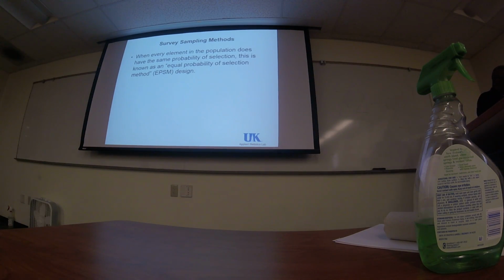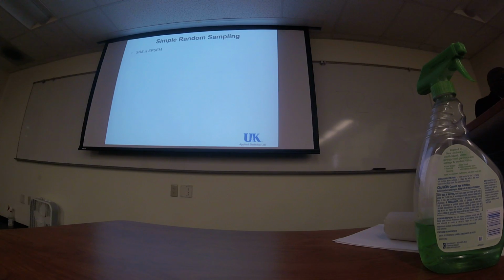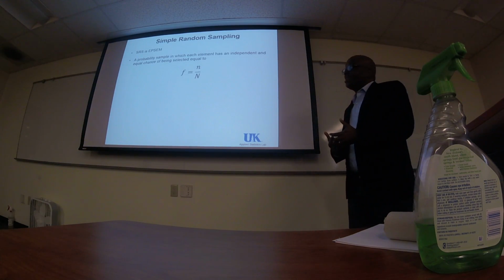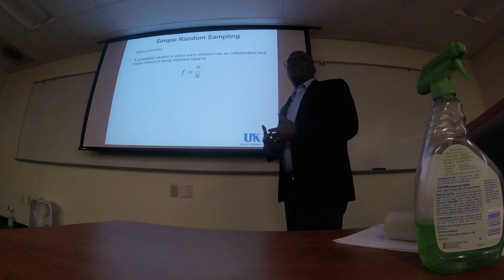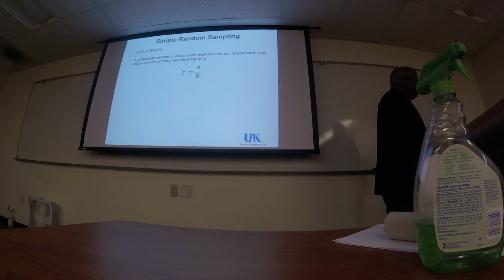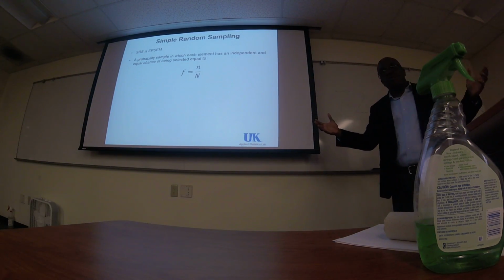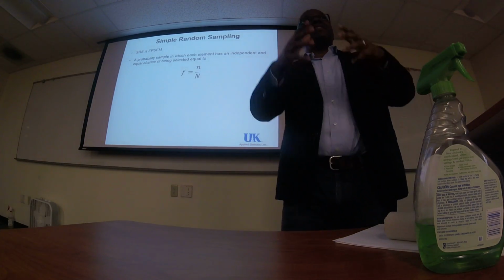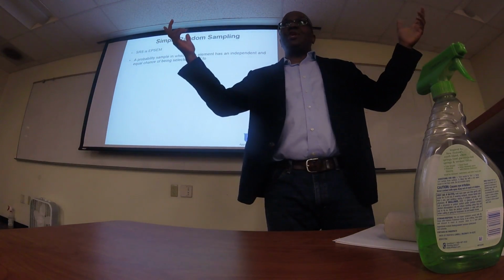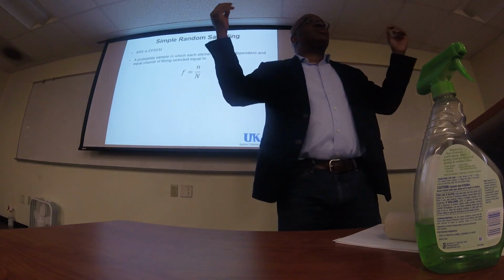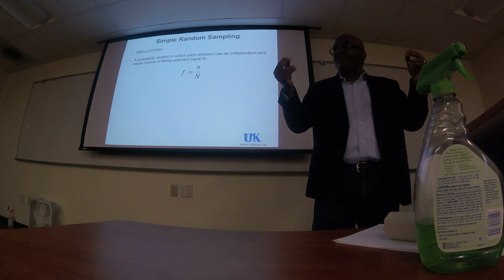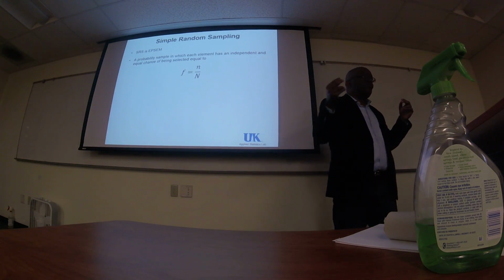That is what we call simple random sampling, where each element has an independent and equal chance of being selected into the sample. I have a list of the elements and I select 10% of them randomly. Each element on the list has equal probability of being selected.